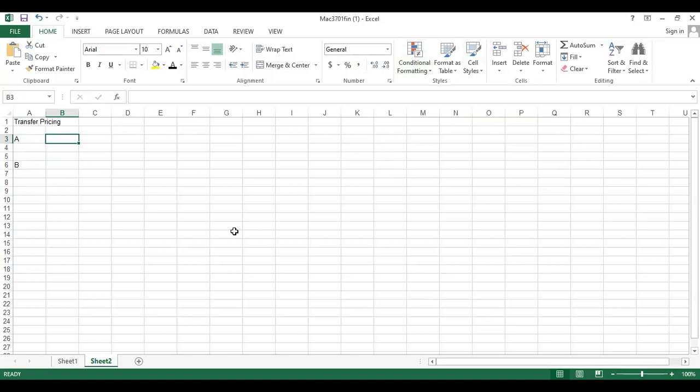On division A we are doing milk, and here in division B we are doing cheese, right? In order for division B to make their cheese, they will need milk, but they have the option to get this milk either internally from division A or from an external source.